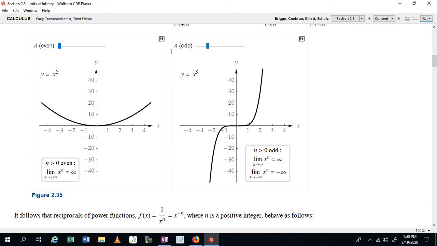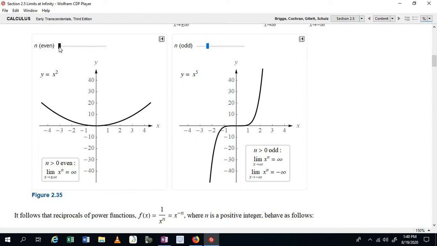So the end behavior is up on the right, whereas the end behavior on the left is up on the left as well. So as x heads towards negative infinity, the y value also heads towards positive infinity. So it's up on both sides, right? That's the way you would describe the end behavior of this function.